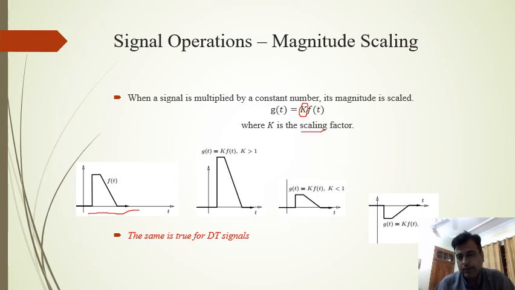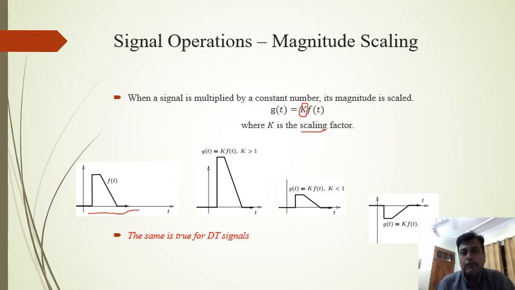This k could be greater than 1. For example, here k is greater than 1, so you can see that in this case the function g of t, which equals k f of t, is an amplified version of f of t, or the amplitude of signal g of t at each point is enhanced as compared to f of t, because the scaling factor k is greater than 1.